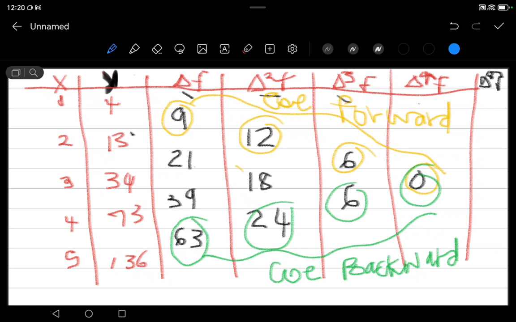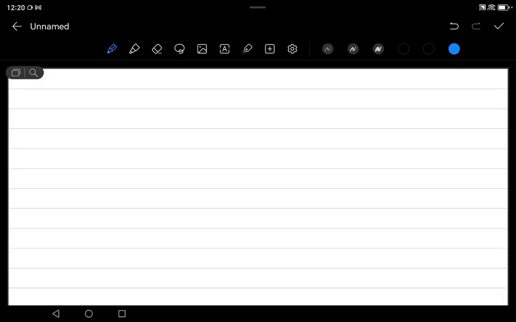Okay, no. So we have formulas for forward, backward, and divided. Okay, so now let's continue, and let me write the forward difference formula. So the forward difference formula is like this.